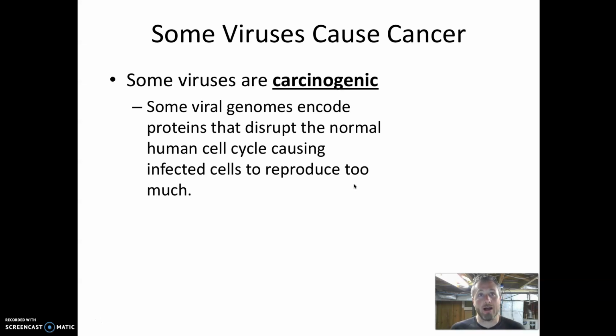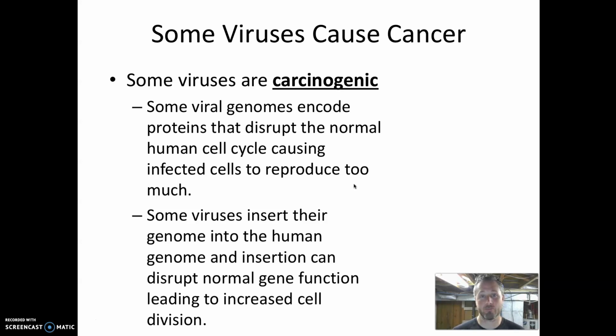So we know that many viruses during their life cycle will insert their genetic material into the host cell's genetic material, and that can cause a problem. So some viruses insert their genome into the human genome, and that insertion can disrupt normal gene function. So depending on where the human genome gets sort of broken open and then the virus genome gets stuffed in, the genes that are near those breakpoints might not work correctly anymore.